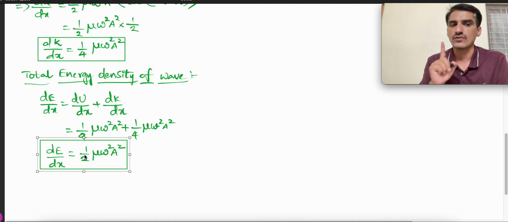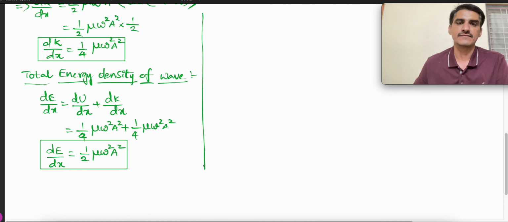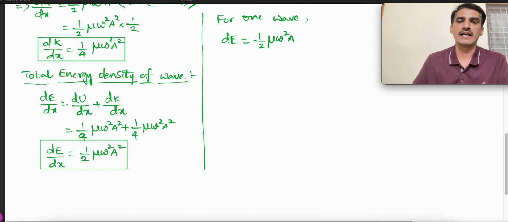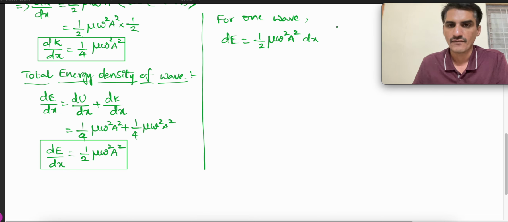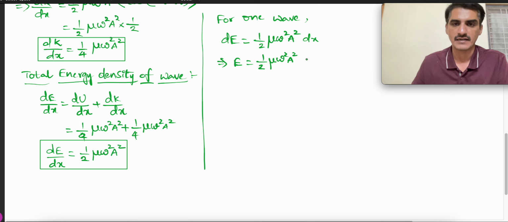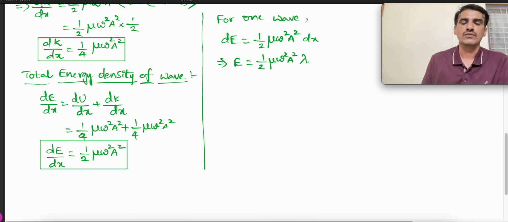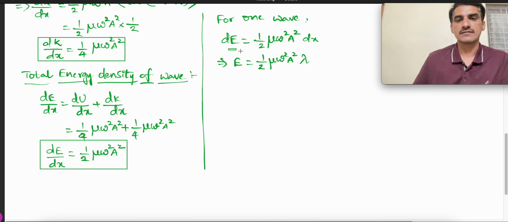So for one wave, if you want to find the energy of one wave which is propagating, then we can write dE is equal to half into mu omega square a square into dx. The maximum value of dx is lambda, where lambda is the wavelength. So E is equal to half mu omega square a square into lambda.